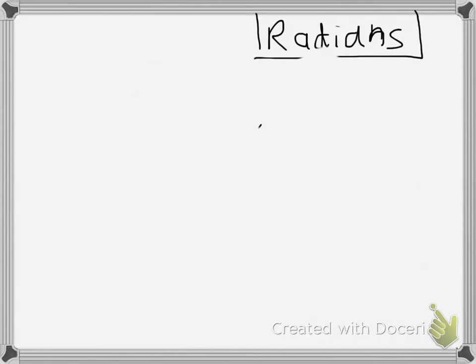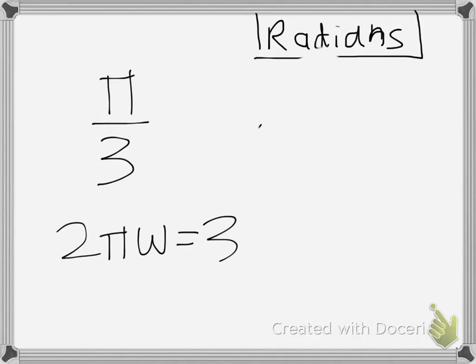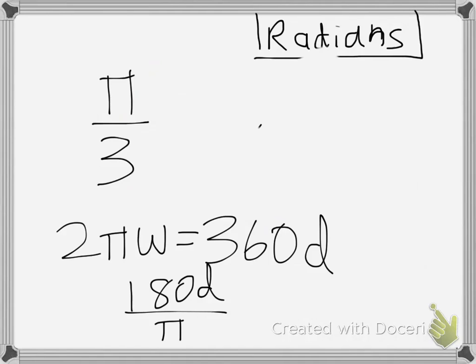So now let's do an example of converting from radians to degrees. Let's say we have pi over 3 radians and we want to convert that into degrees. So remember what we wrote: 2 pi radians equals 360 degrees. That means that 1 radian equals 180 degrees over pi.